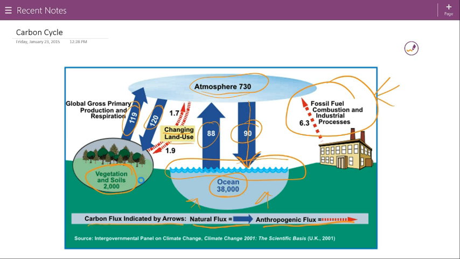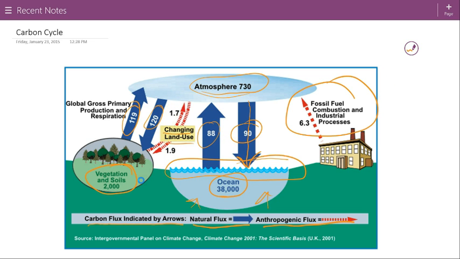Well, 6.3 is fairly small, but they're also fairly even. 88 versus 90, 119 versus 120, 1.9 versus 1.7. Now on this one with the changing land use, we're actually, theoretically using more carbon than we're giving off, but still very, very close numbers.